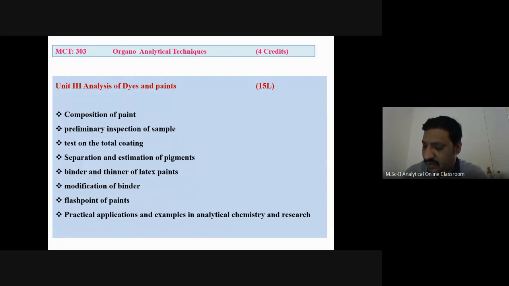Question number 2: give an account on preliminary inspection of sample.